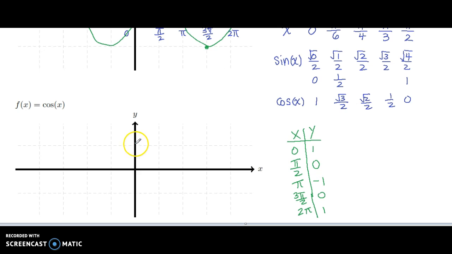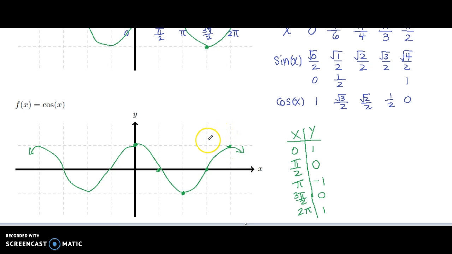So we plot those points on the graph, and we connect them with a smooth curve. And that's one period of cosine. We can make copies and finish the graph.